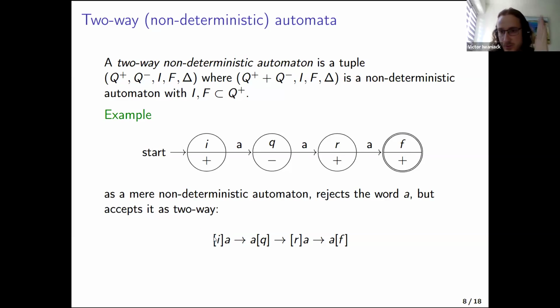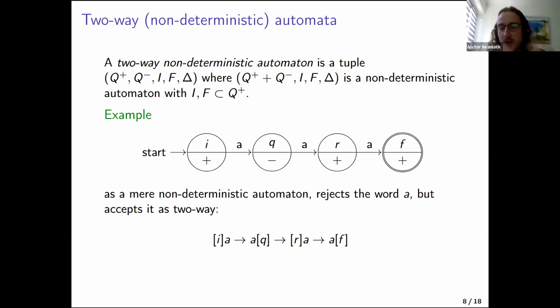You start at the leftmost side of A, then I, the initial state, is positive, so you read on the right. When you read on the right, you go into the state Q. But the state Q is negative, so you have to read back. But when you read back, you still read A, so you are allowed to go to R. R is positive, so you read to the right. And then you end up in F. And then the word is accepted because you are in an accepting state and the reading head is at the rightmost part of your word, okay?